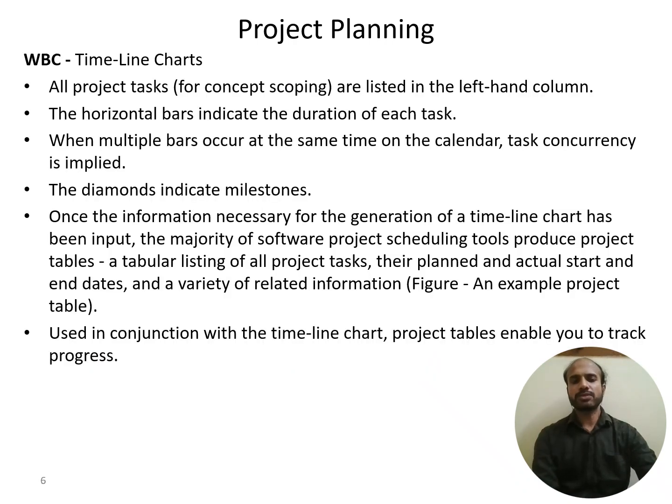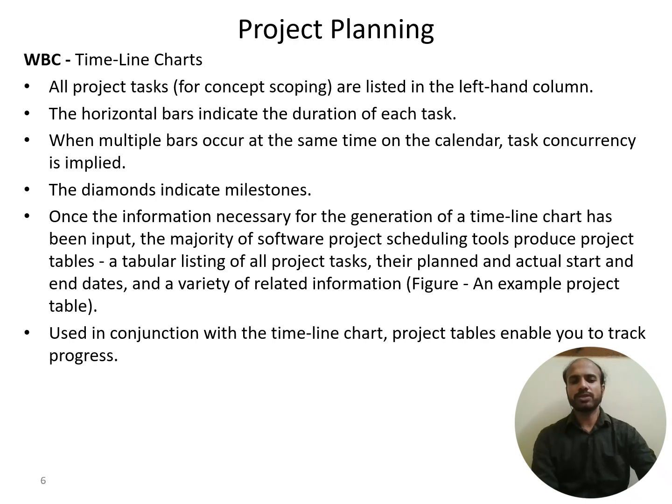The timeline charts will have all the project tasks in the left-hand column. The horizontal bars will indicate the duration of each task. When multiple bars occur at the same time on the calendar, we name that task concurrency. The diamonds indicate the milestones. Once the information necessary for the generation of a timeline chart has been input, the majority of software project scheduling tools produce project tables.